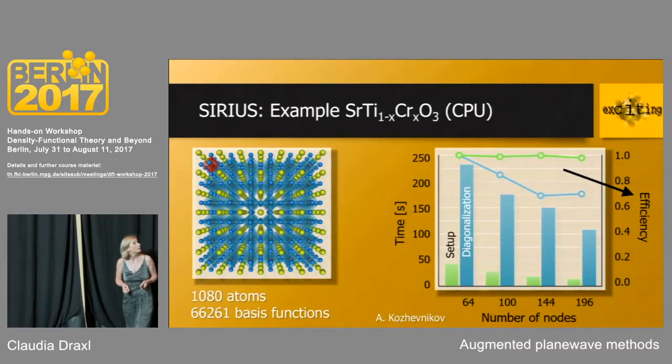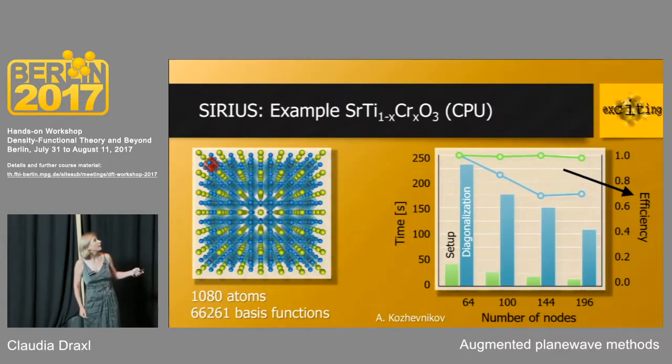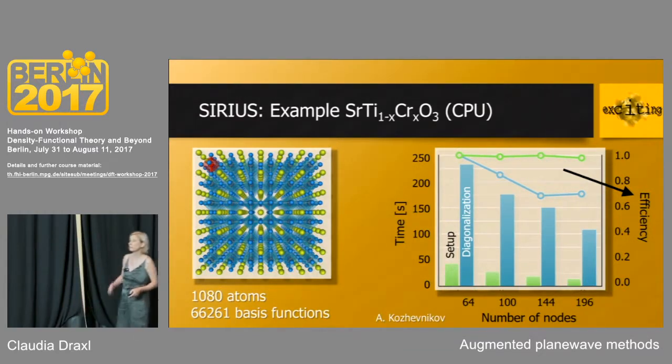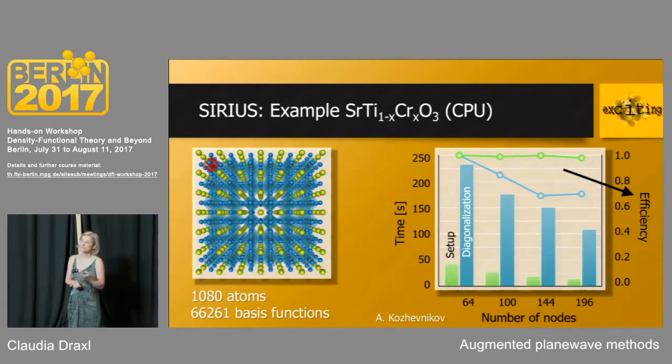And just to show you here, this is an example for a structure with more than 1,000 atoms and 60,000 basis functions, where we really get a tremendous speed up and a very good efficiency also for large cell sizes. This will be implemented very soon, at least for the ground state. For the excited states, we still have to work on methodologies like this.